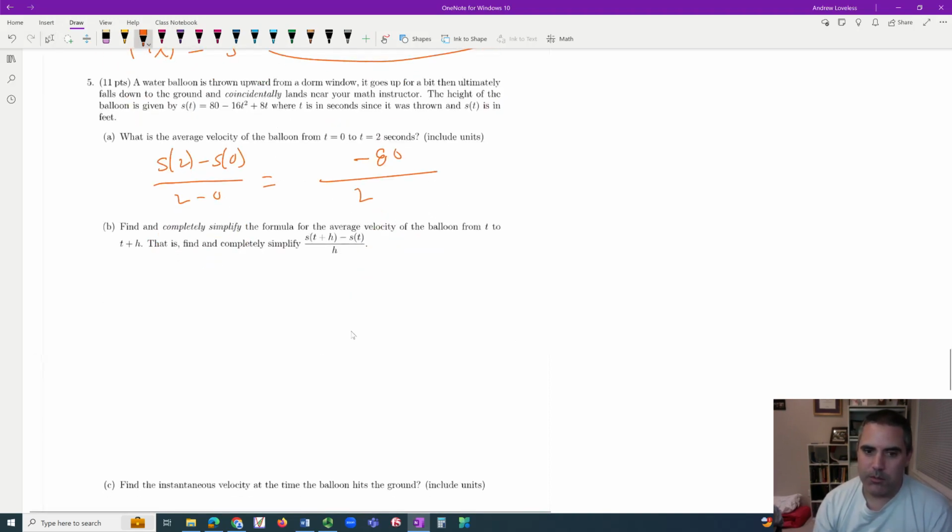What I like about these questions is you already know what the derivative is because at this point in the term you've already learned derivatives. And so you're going to be able to check your work. But let's go through and do it. So we're going to plug in t plus h to the function everywhere there's an input. That's what s of t plus h is.